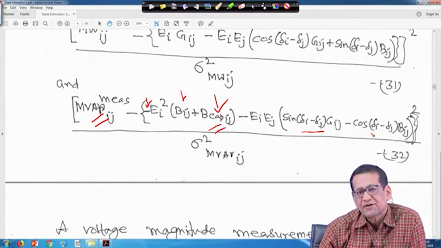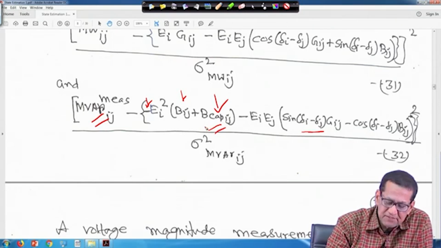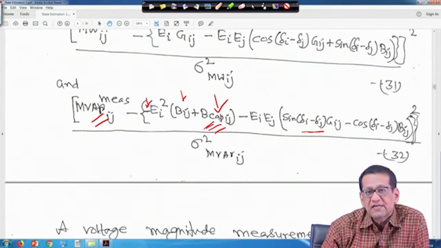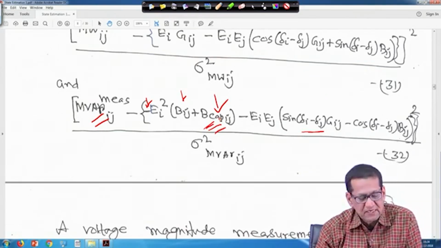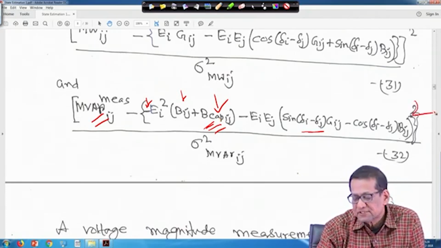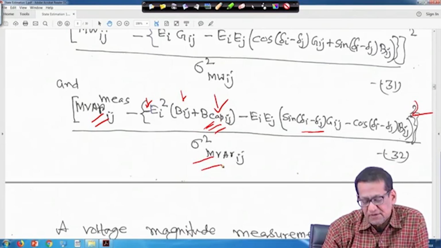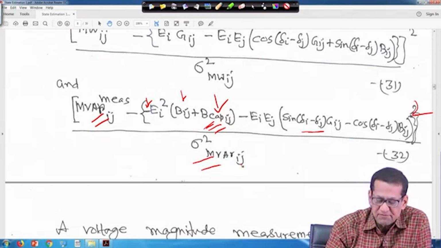That is why B cap j is also added here. So this is your reactive power measurement. Then whole square, because you have to take the residue divided by the variance of the meter you are using for measuring the megavar, so sigma square megavar Ij.